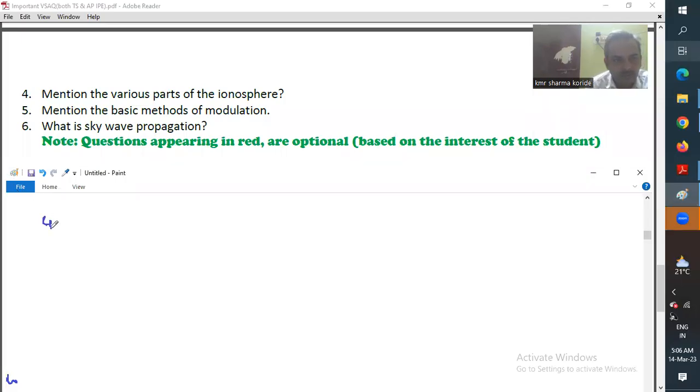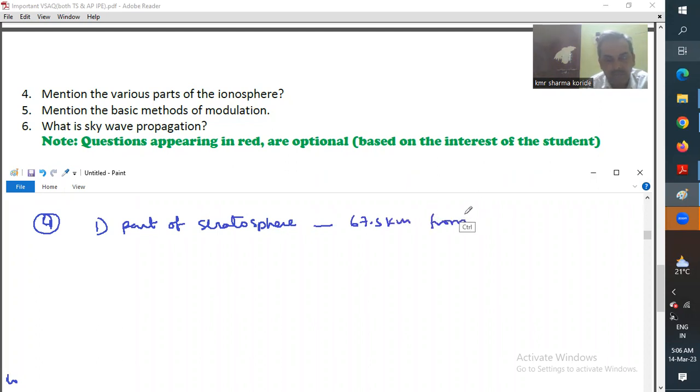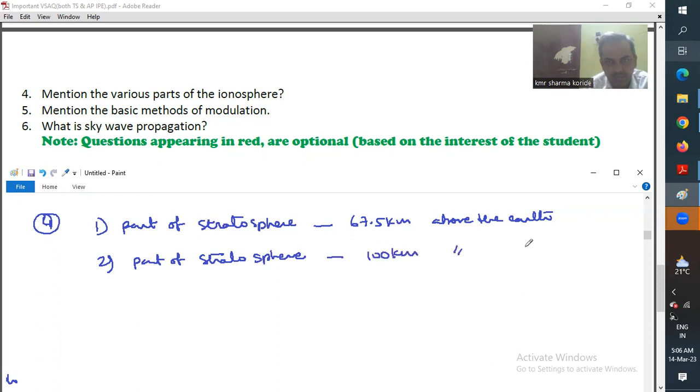Moving to the next question. Question number 4. Mention the various parts of the ionosphere. The first part is part of the stratosphere, with a range of 67.5 kilometers above the earth. Second is again part of the stratosphere, up to 100 kilometers above the earth.